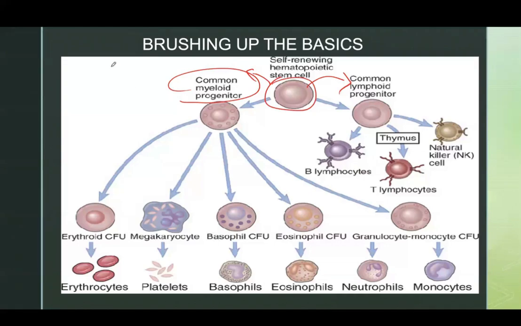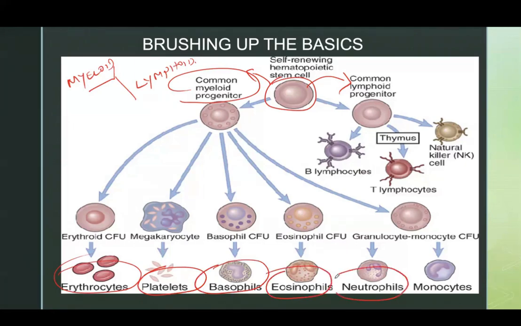Then it divides into two series: one is myeloid cells and another one is lymphoid cells. All right. The myeloid progenitor cells give rise to your RBCs, that are your erythrocytes, your platelets, your basophils, your eosinophils, neutrophils, and monocytes. All right. I believe all of you understand the basics.